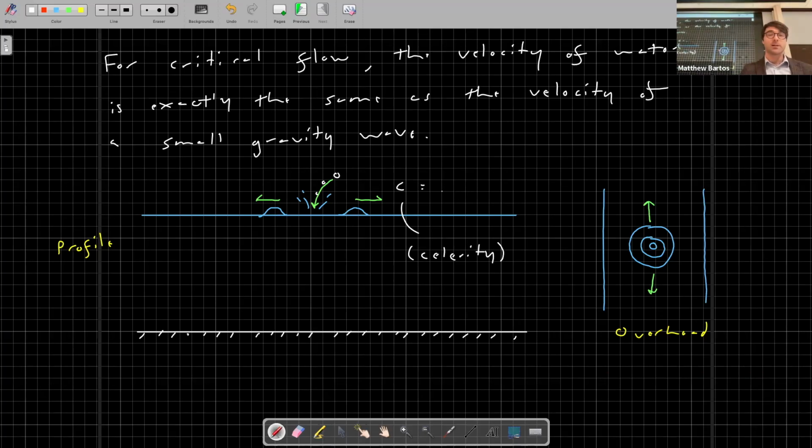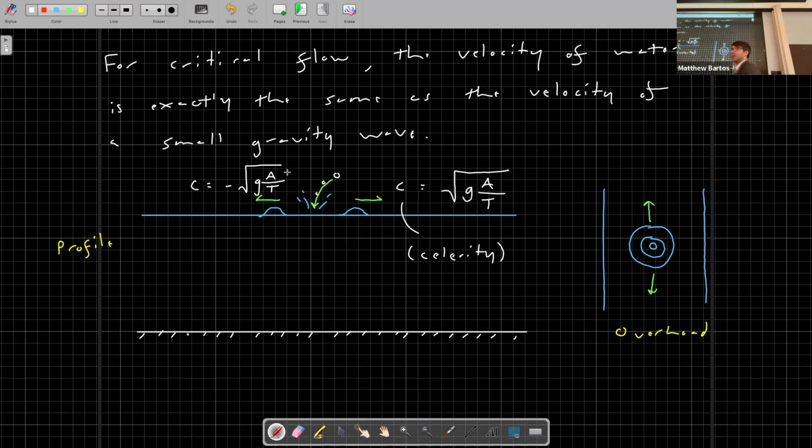This is equal to the square root of g times A divided by T, where A is the cross-sectional area, T is the top width, and g is the acceleration due to gravity. Similarly, the wave traveling in the other direction is equal to negative square root of g times A over T.